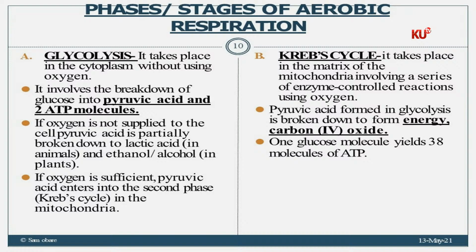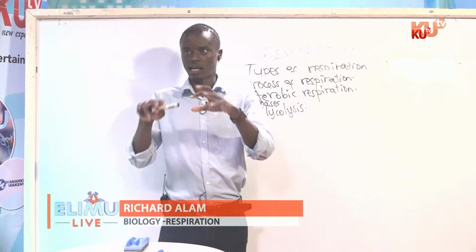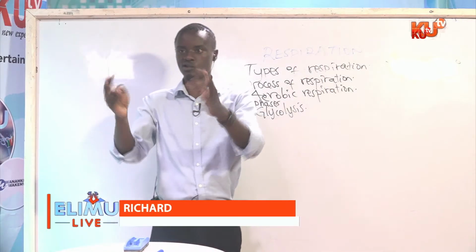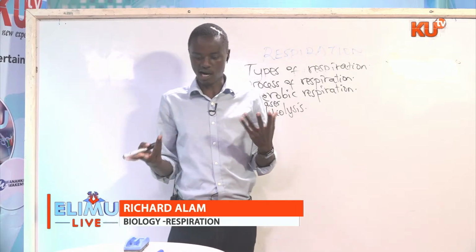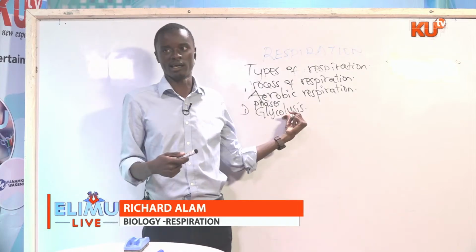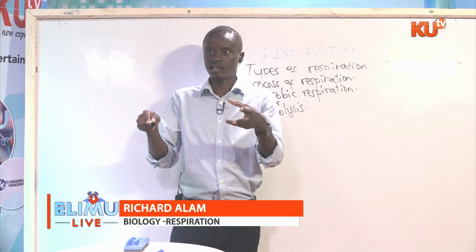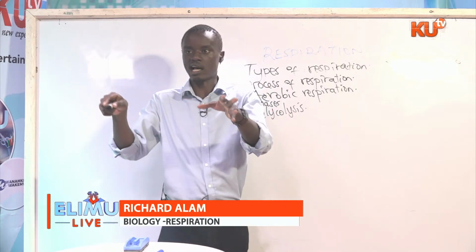Now, what is glycolysis? Glycolysis is the first stage of respiration which occurs in the cytoplasm. A possible question that a student is likely to answer from that definition is, where does glycolysis take place?